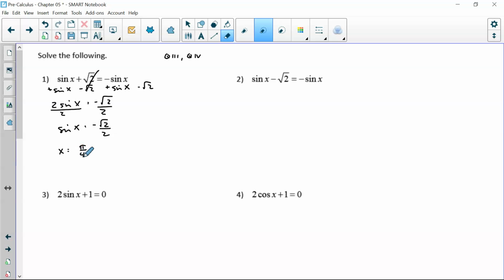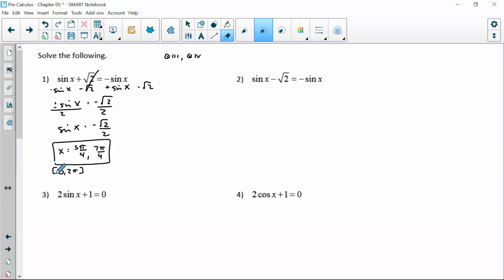Now, to get myself into quadrant 3, we have to have a 5 pi over 4 and a 7 pi over 4. Those are our solutions from 0 to 2 pi. That's just in that first unit circle.